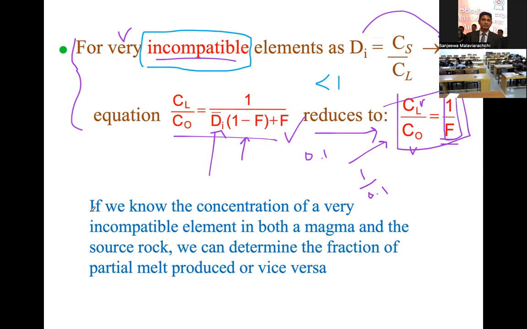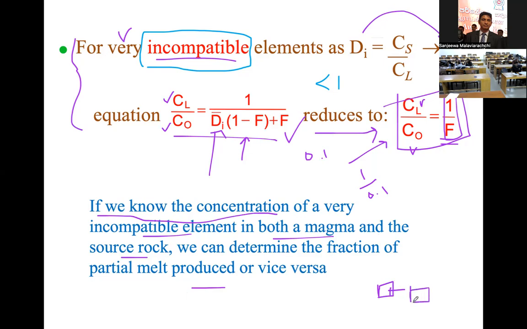The idea behind this is, if we know the concentration of a very incompatible element in both the magma and the source rock, that is, in the magma produced as well as its source rock composition, then you can determine how much melting has taken place to produce that particular rock. Today we have the rock, but we don't know how much melting contributed to produce it. But if we know the source composition, say this is a basalt, then we know it must have been produced from a peridotite, mantle composition.